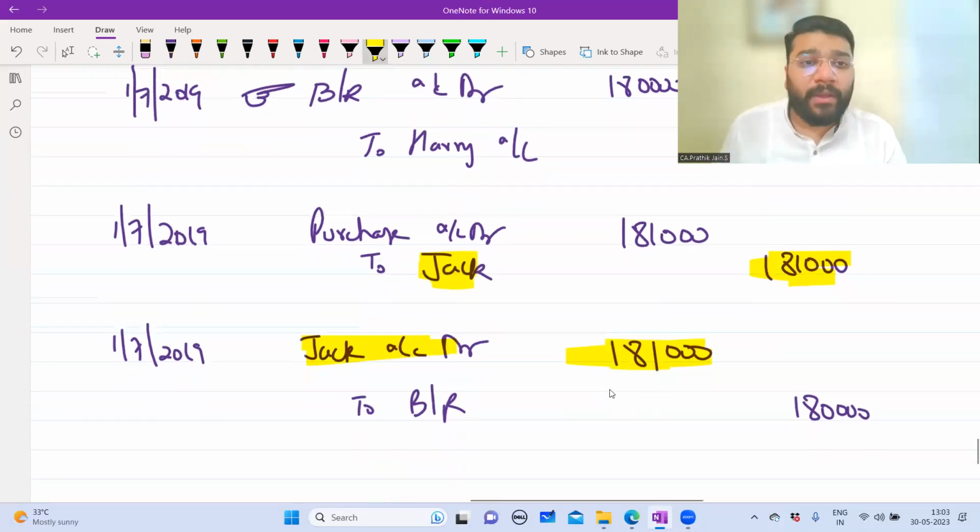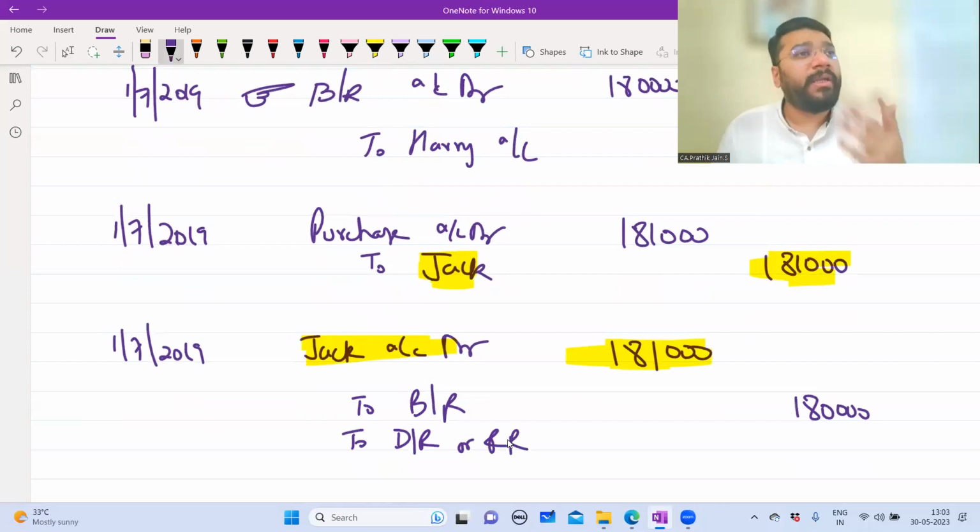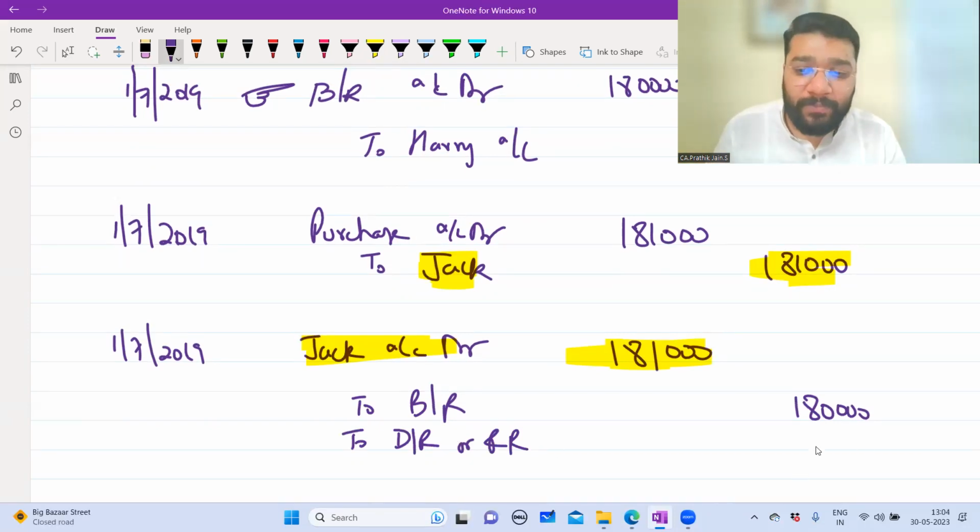So what is the balance, 1 rupee? Discount received. Discount received, you can say, or you can say rebate received, whatever it is. It is a nominal account: credit all income and gain. Which means what? Guys, Gorgi got 181 worth of goods, but he's paying only 180. So for him, that 1 rupee is a gain, no? So credit all income and gain. So 1 rupee is a gain.